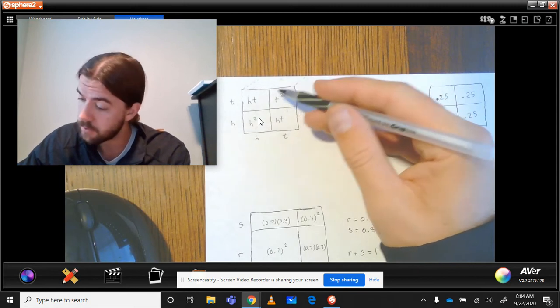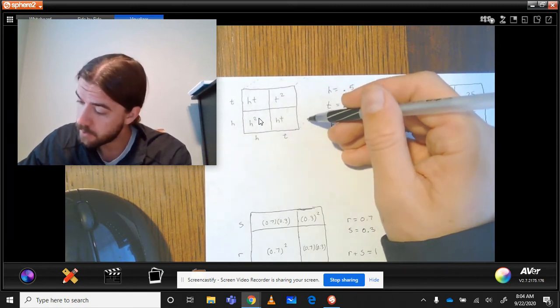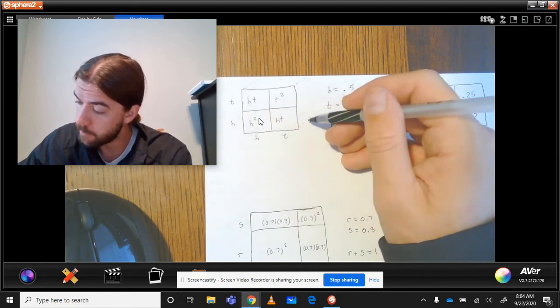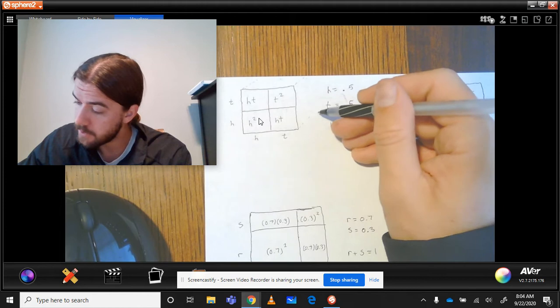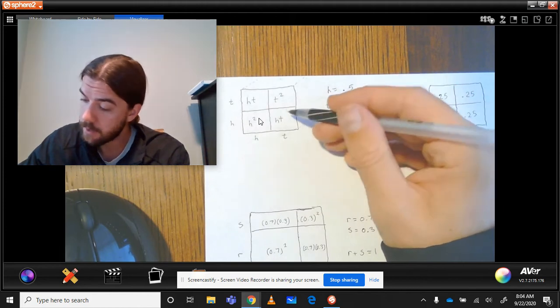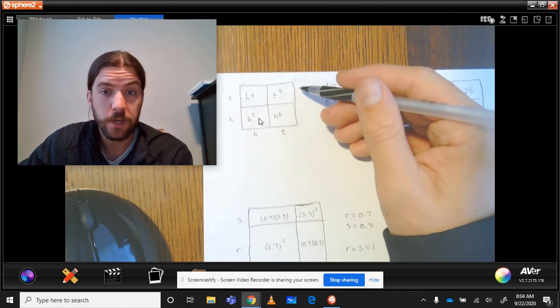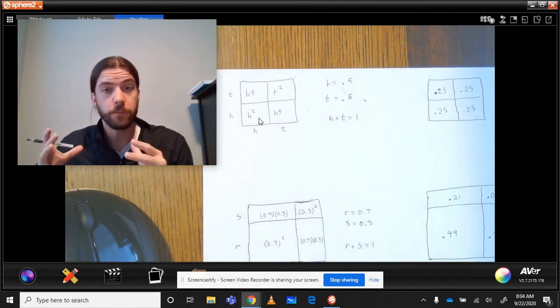If we had H plus T, then we would get all of these multiplied by H and all of these multiplied by T. So we'd end up with 4 in the front and 4 in the back boxes. So we'd end up with 8 different terms that we'd have to simplify down.